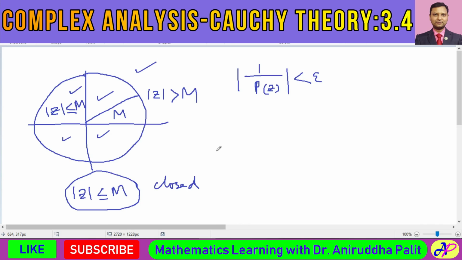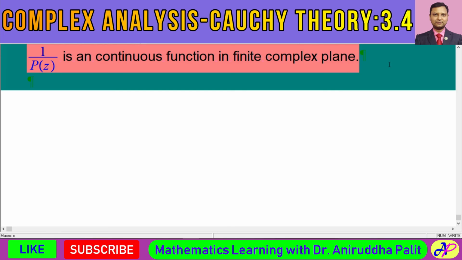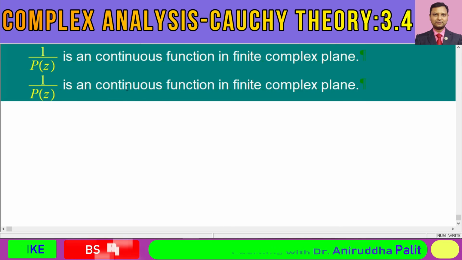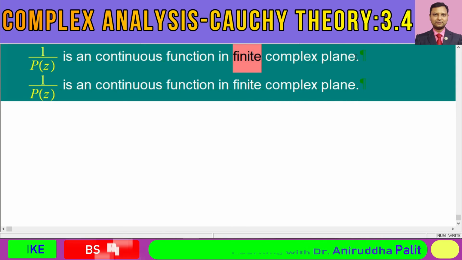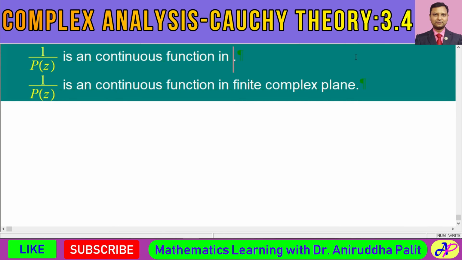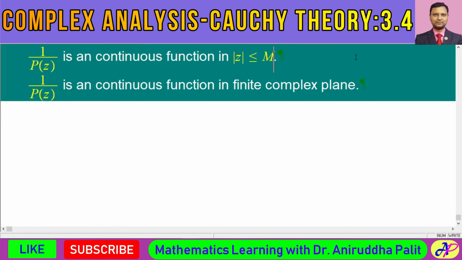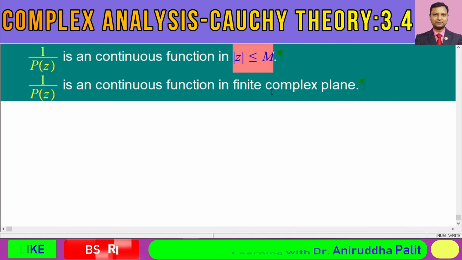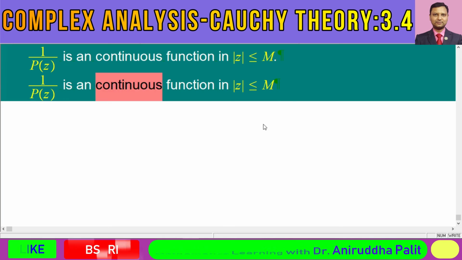So we can say 1 by p(z) is continuous in the region modulus of z less than or equal to M, and therefore this function itself would be a bounded function.